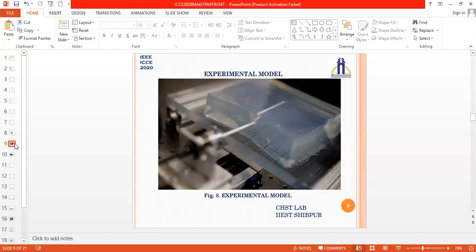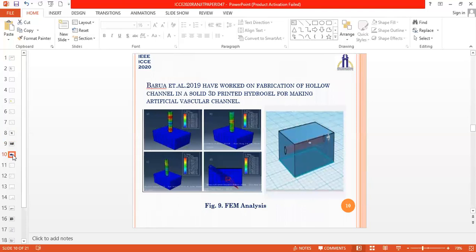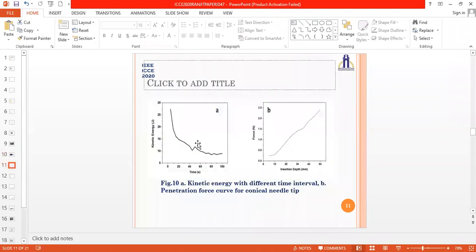We made an experimental analysis and also a finite element analysis. In the finite element analysis, we used an Abaqus-based model, and this model can represent the particular point where the needle inserts into the gel surface and generates maximum force. Gradually the force increases step by step with the depth of the injection, and it can symbolize the kinetic energy.